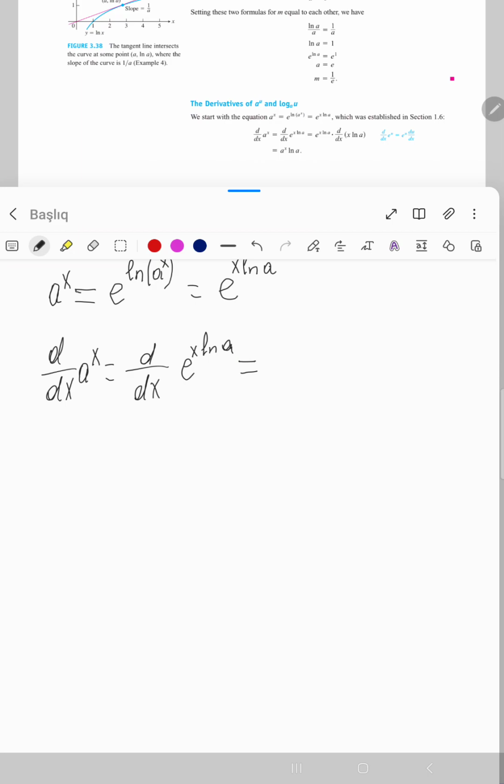And for the derivative of this function, e to the power of something will give you the same answer, e to the power of x ln a, but also remember that we have to find the derivative of x ln a, d over dx of x ln a.